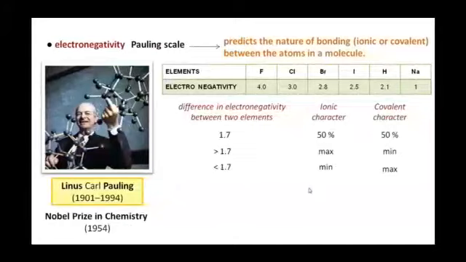If the difference in electronegativity is 1.7, then the bond will have 50% ionic character and 50% covalent character. If the difference in electronegativity is greater than 1.7, then the bond will have maximum ionic character and minimum covalent character. If the difference is lesser than 1.7, then the bond will have minimum ionic character and maximum covalent character.